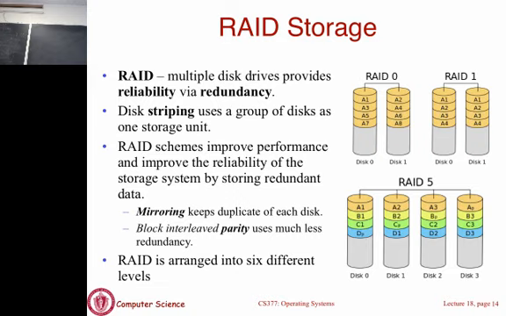Now we're going to store our data on D1 and D2, and D3 is just going to be used as a complete copy of D1, and D4 will be used as a complete copy of D2. This is what we call mirroring.